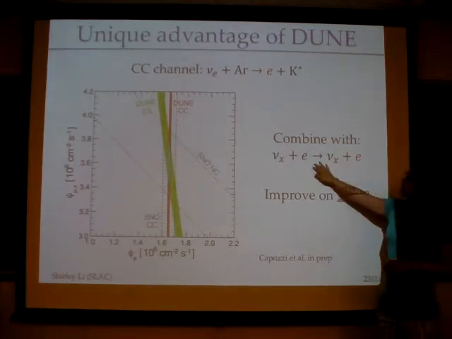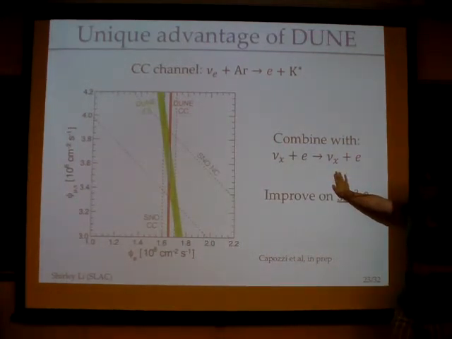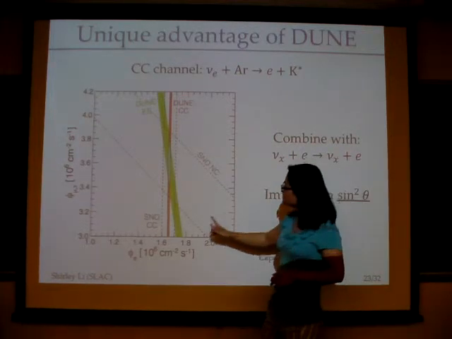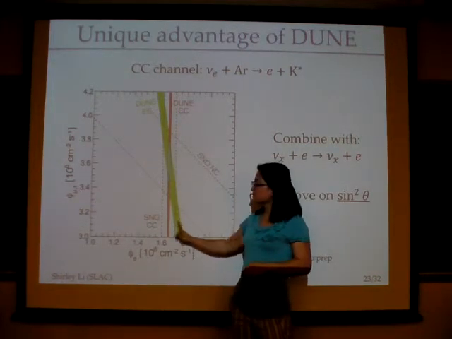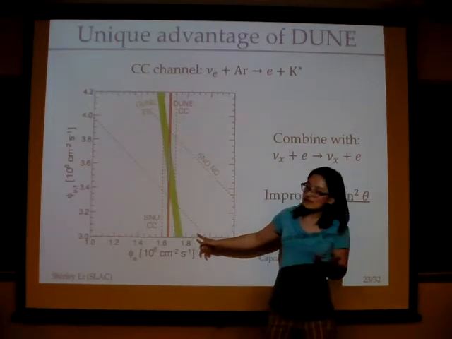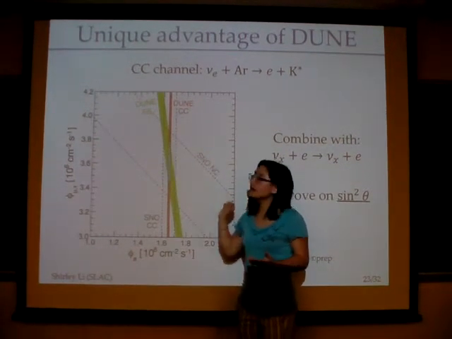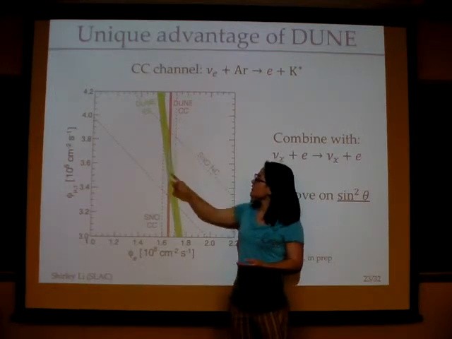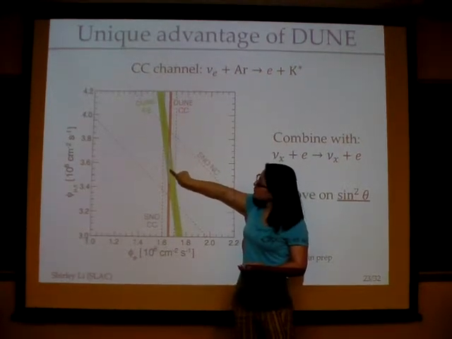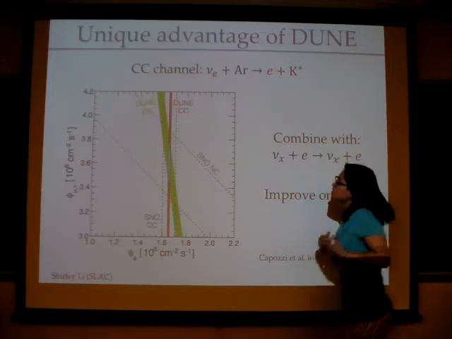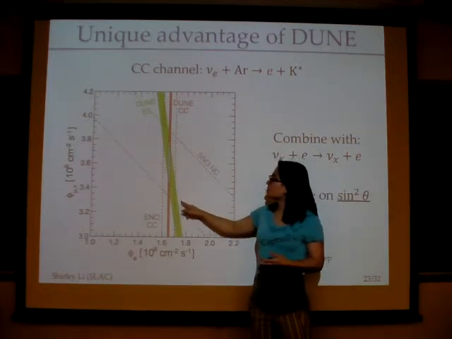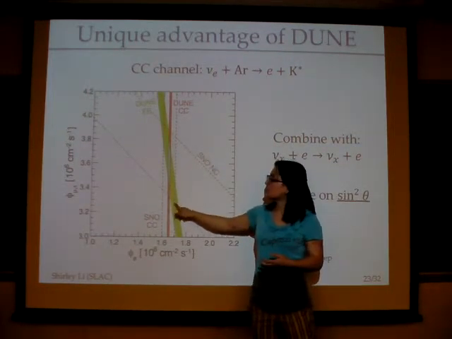But because DUNE has the electron scattering channel, it can also measure the flux this way, and that's the green band. Because it's mostly sensitive to nu_e, it's kind of vertical, but tilted slightly. The two DUNE channels combined give you this crossing of this bright green region, which is much smaller than the shaded region from SNO.